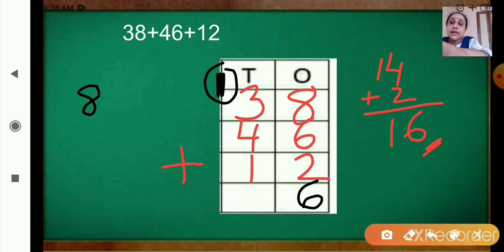And then this 8 plus 1 you have to do, and we are getting 9. After adding these three numbers together, how much is the total? 96. You also got 96?